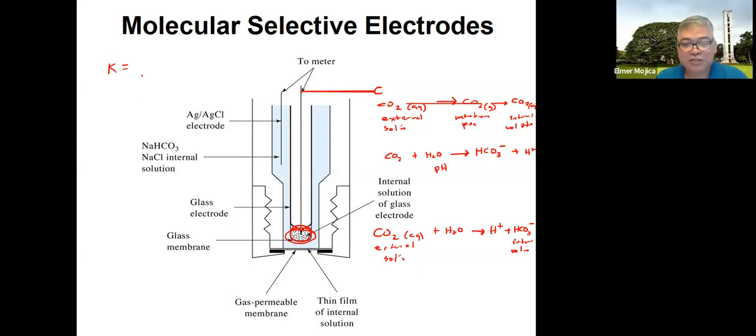K is just equal to what? The activity of your H plus in the internal, times the activity of your HCO3 minus, also in the internal, over the activity of your CO2 that is in your external.